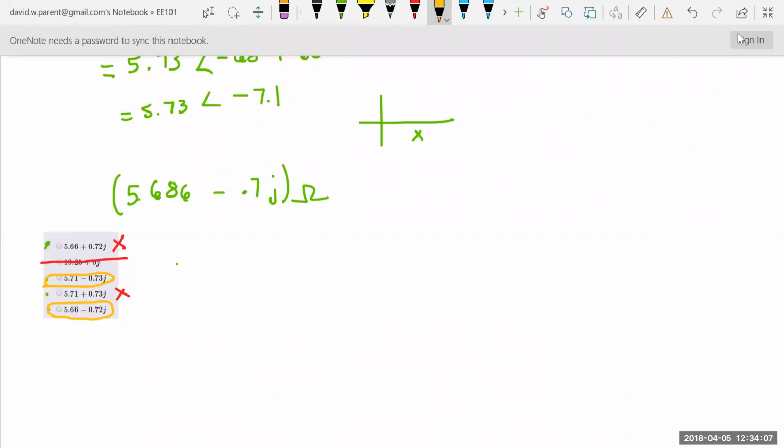And what I tend to do is, in my calculator, use all the digits of precision. I don't know. This one looks closer to this one.